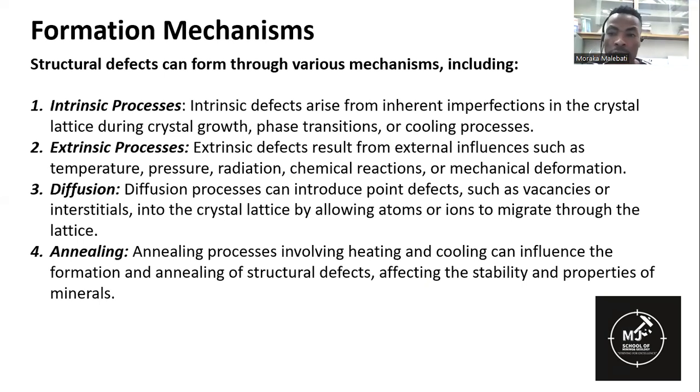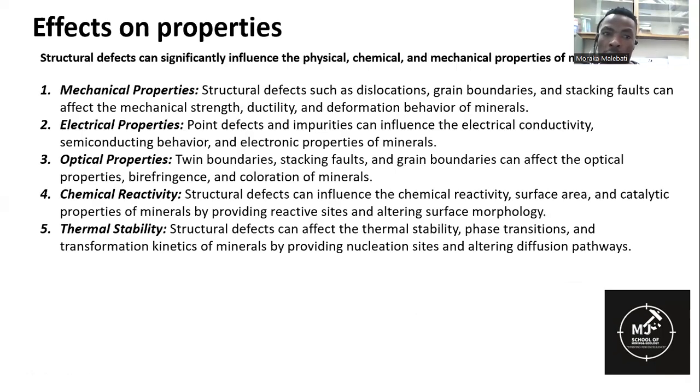So diffusion makes the point defect, or the zero dimension defect, possible. Annealing processes involve heating and cooling, and can influence the formation and annealing of the structural defects, affecting the stability and properties of the minerals.